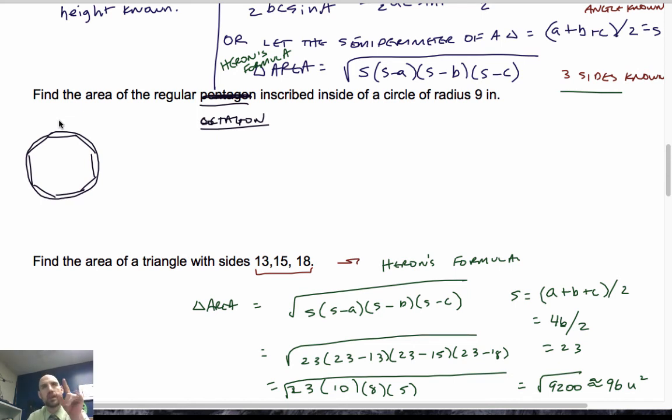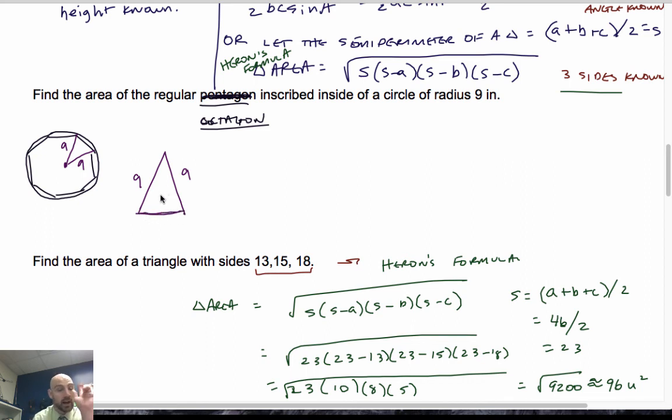A circle of radius 9 inches means that from the center to the outside, at these vertices, at the corners, this is 9 inches, right? And so to find the area of this, it's really 8 of these triangles. And the triangle looks like this, right? 9, 9, I don't know everything else.